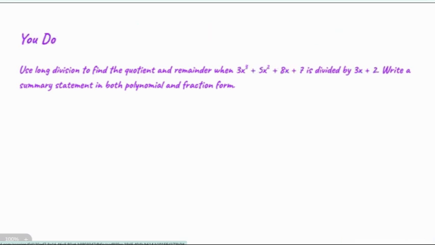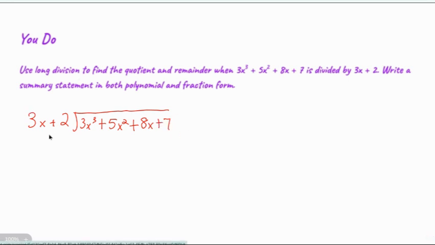All right, go ahead and use long division to solve this next part. We're going to start it the same way we did before: 3x plus 2, and then I've got 3x cubed plus 5x squared plus 8x plus 7.